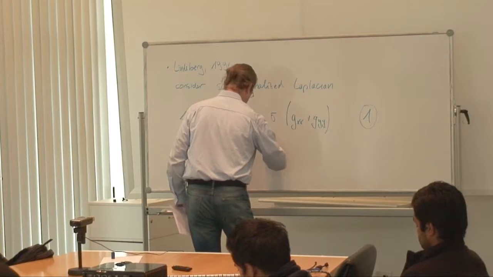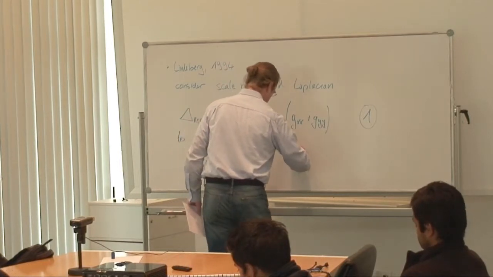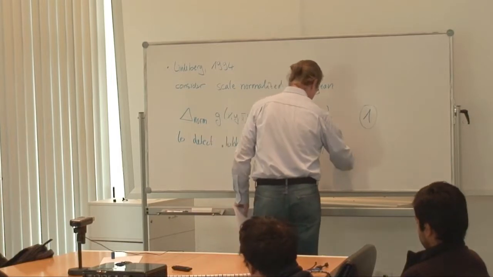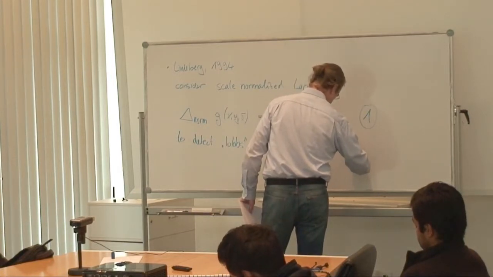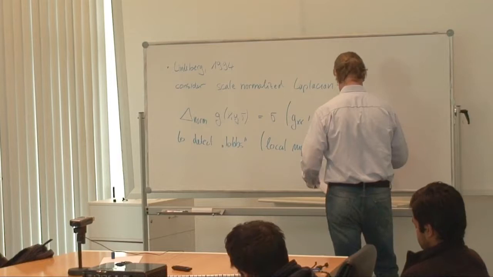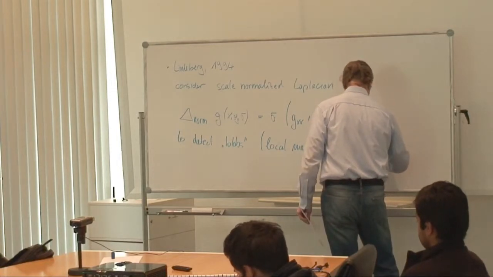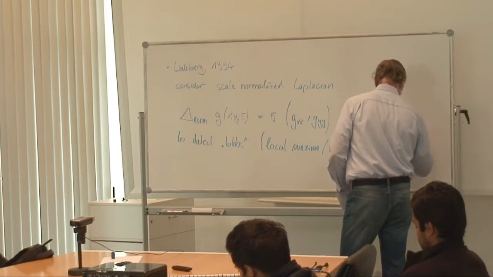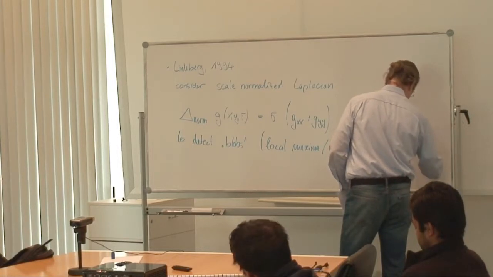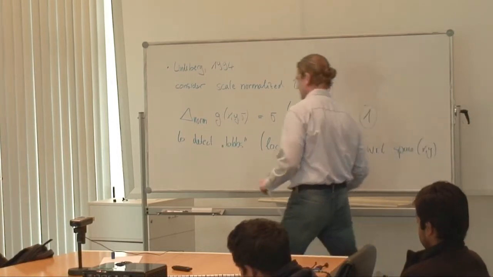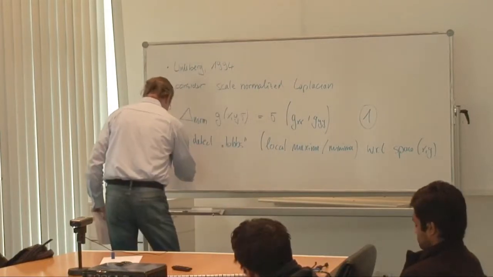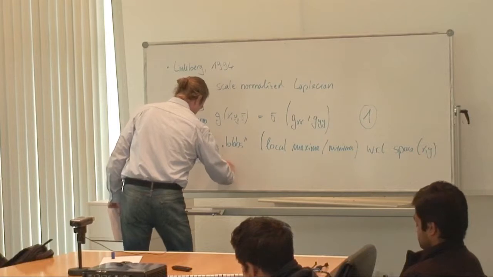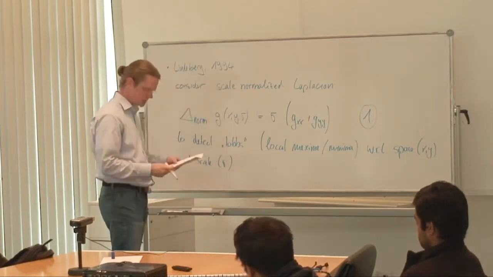That is, local maxima or minima of this Laplacian with respect to space, that is to say x and y, and what is different here, and scale, that is to say sigma.